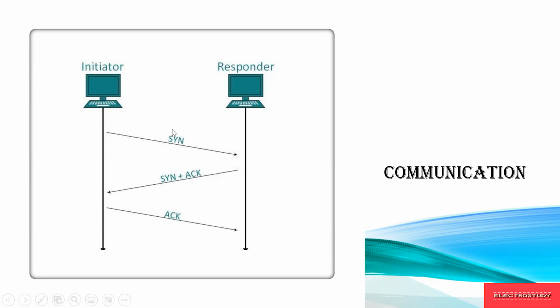That sequence number will be assigned for each and every packet. Now the receiver, that is the responder, acknowledges back with its own sequence number and also with a message of acknowledgement. And now the client, after receiving that synchronization, that is the data and the acknowledgement, sends back an acknowledgement again to the server to respond, and this is how the communication in TCP takes place.